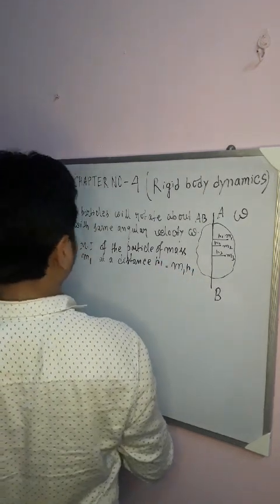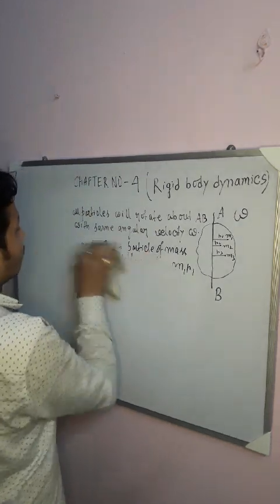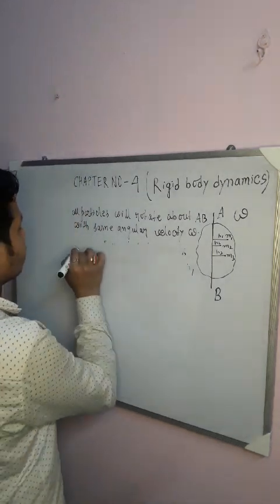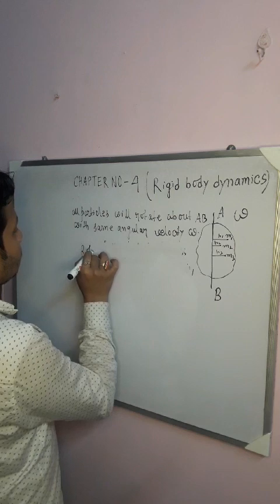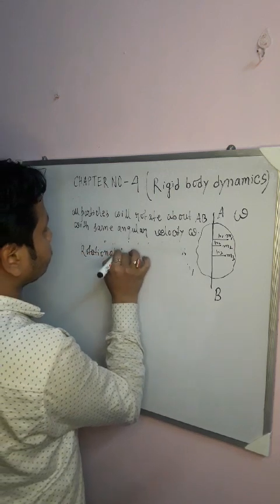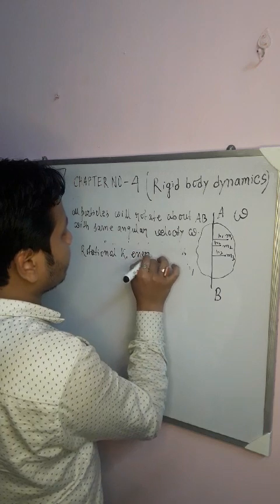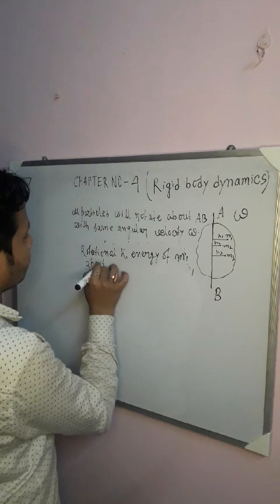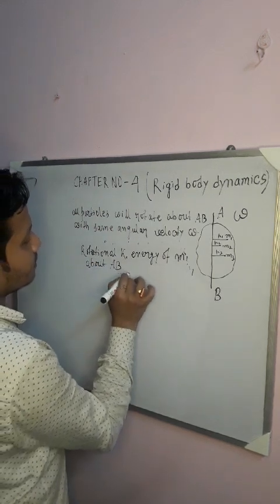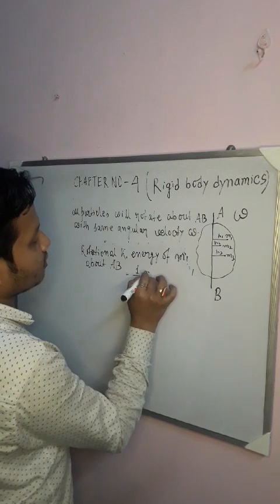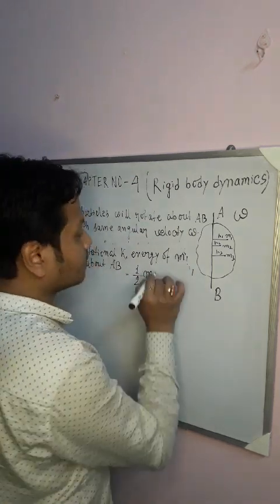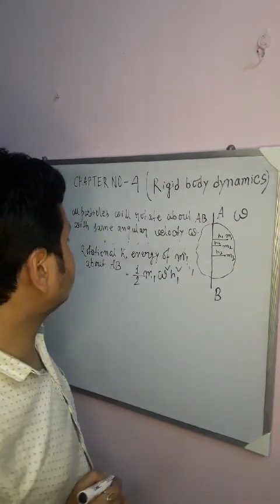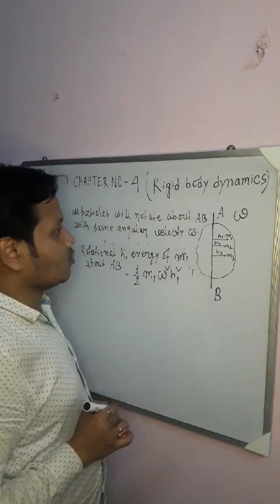Sorry, I made a mistake. That is not the moment of inertia. At first we are trying to find the rotational kinetic energy. The rotational kinetic energy of m1 about AB is half m1 v squared, and v equals omega r, that means half m1 omega squared r1 squared. This is the rotational kinetic energy of the particle of mass m1 about AB.